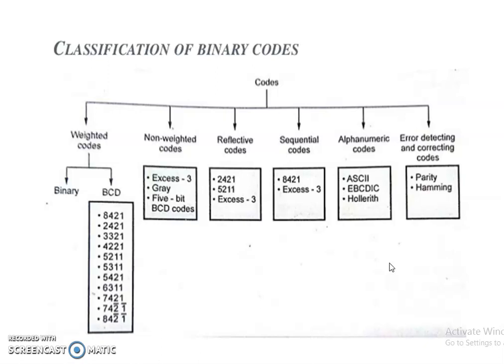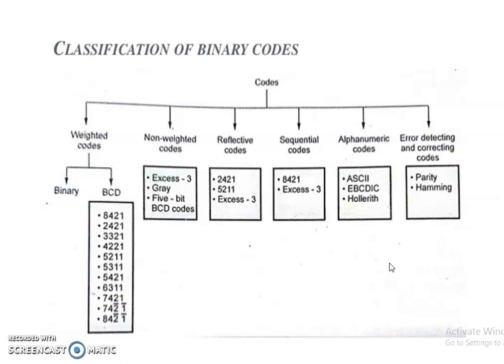So the programs written by a computer user are in the form of characters. For example, a set of symbols consists of letters, digits and various special characters such as addition, subtraction, greater than, less than, etc. And these codes consisting of both numbers and alphanumeric characters are also called alphanumeric codes.